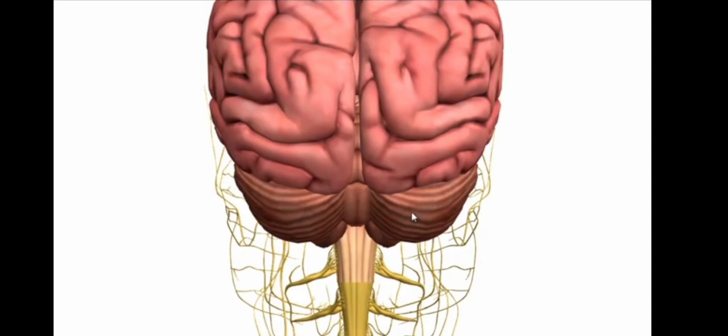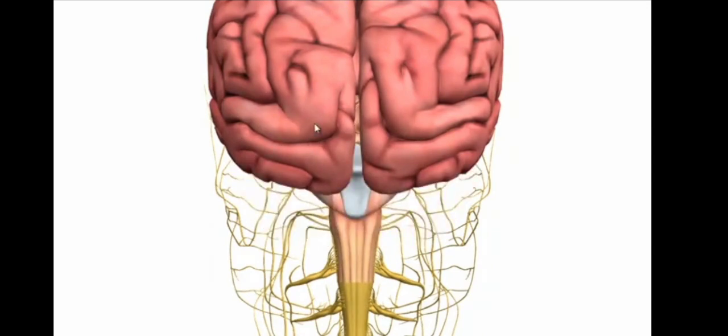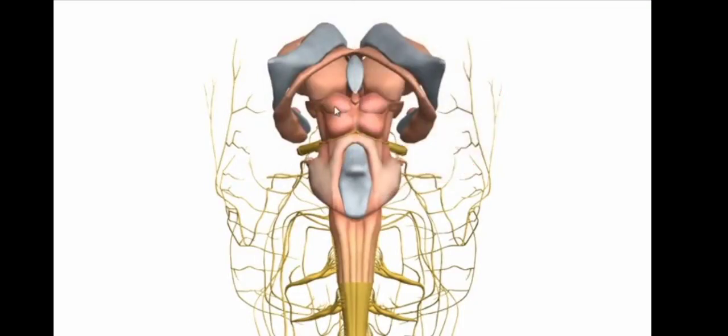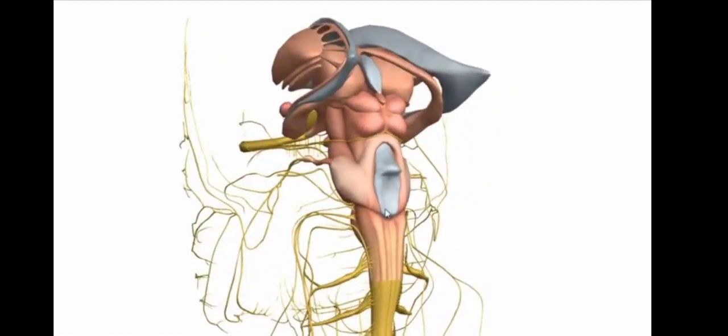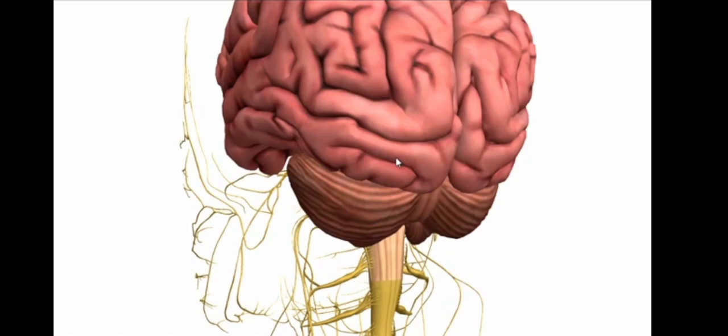It controls muscle balance, isn't it? Voluntary movements. Now, if we remove the cerebrum and the cerebellum, we can see the brainstem, and this is the midbrain, which is identified by the colliculi. So this is the dorsal surface of the brainstem.